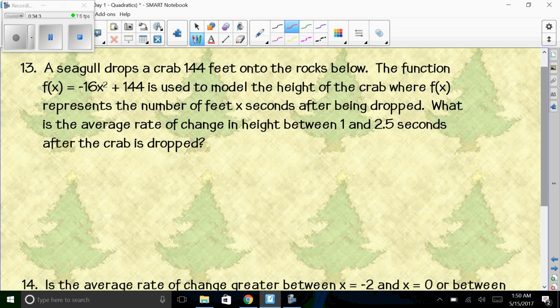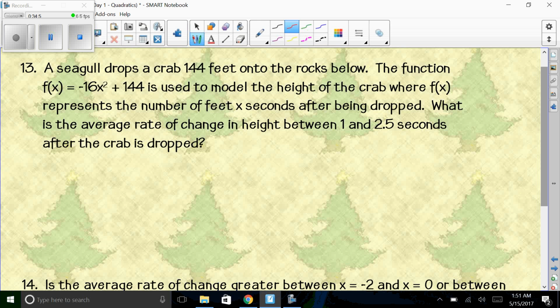What is the average rate of change between 1 and 2.5 seconds after the crab is dropped? So this is like the problem earlier where we plug in 1, find a y, plug in 2.5, find a y, and find the slope between the 2 points.